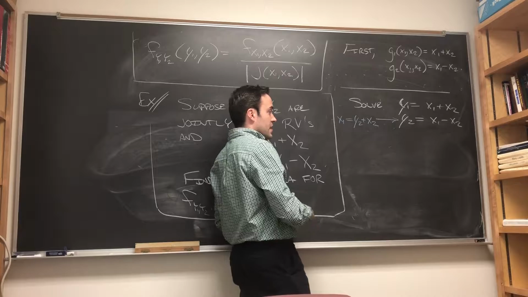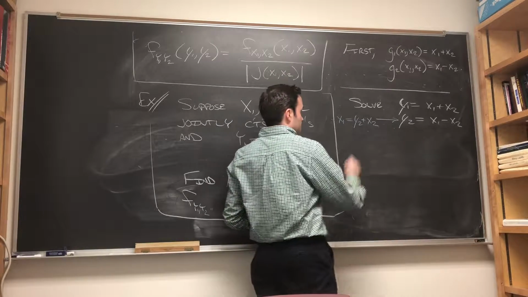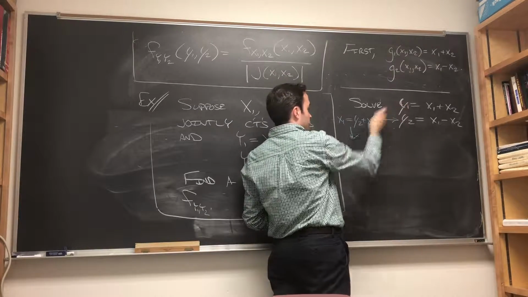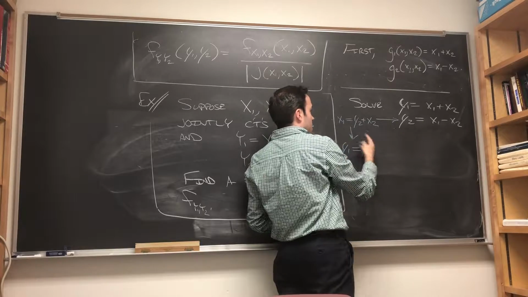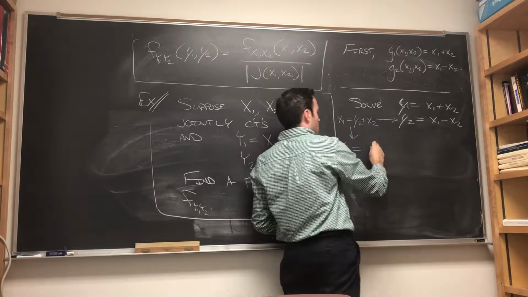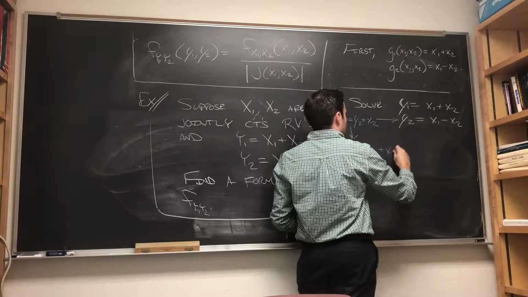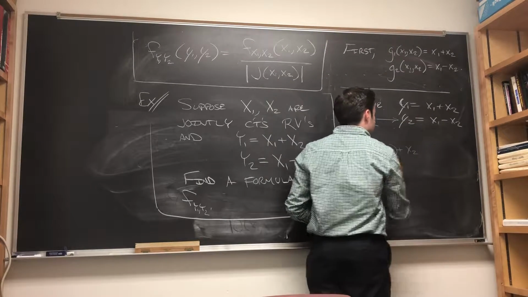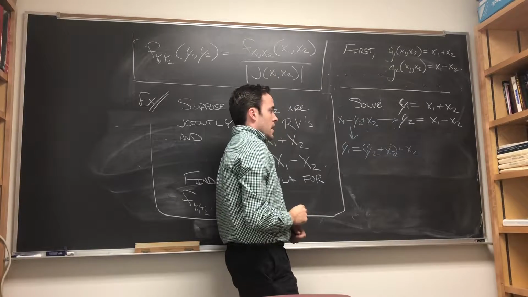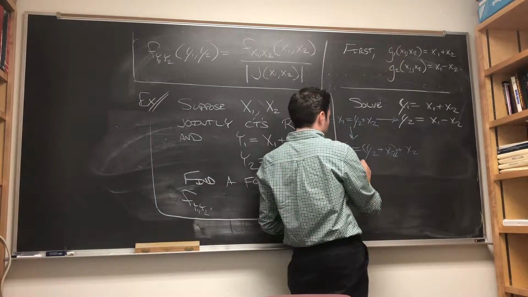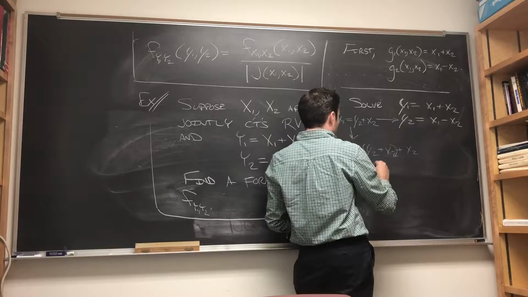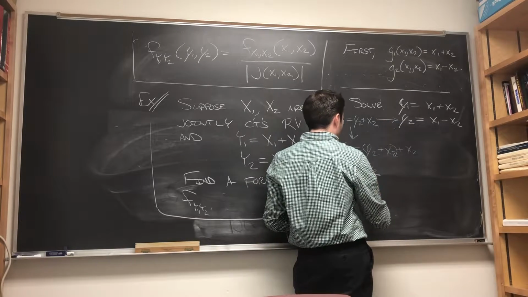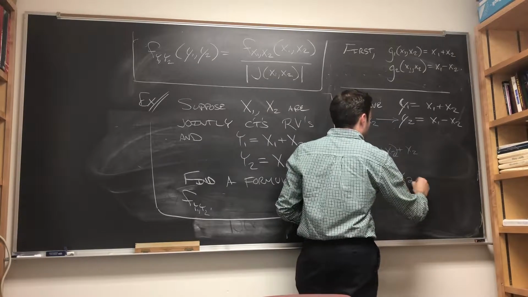And if I then plug that into the first equation, y1 is x1, which is now y2 plus x2, plus x2, and solve for x2. So y1 minus y2 over 2 is x2.